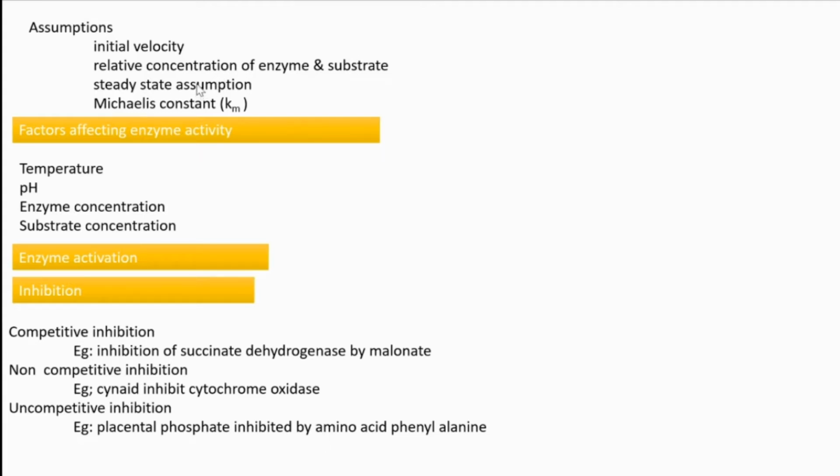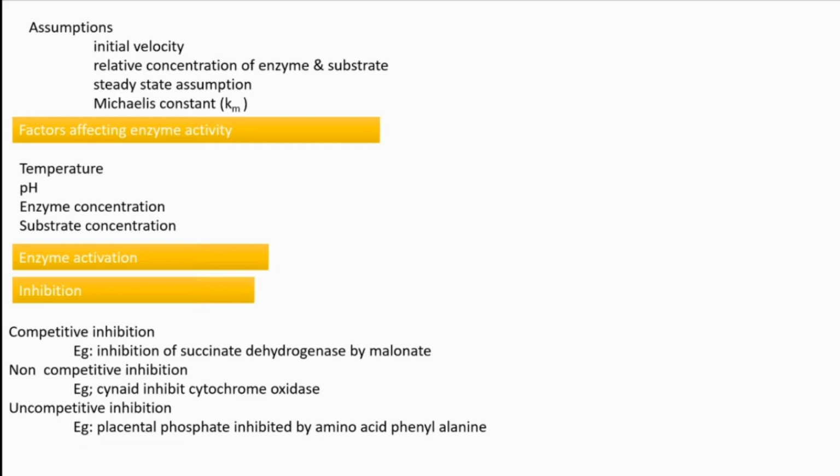Then steady state assumption. Steady state assumption means concentration of enzyme substrate complex will not change. That means the rate of formation and the rate of its breakdown remain always the same. One enzyme combines with a substrate and then it is converted to product. At the moment itself another substrate combines with the enzyme.